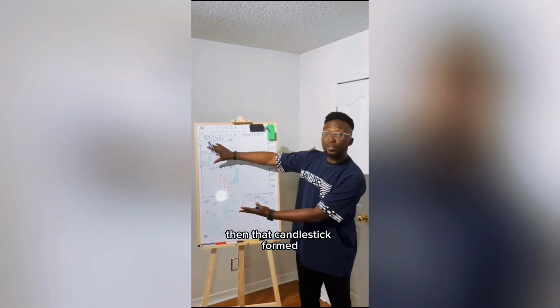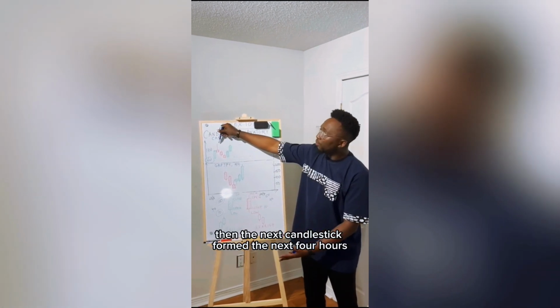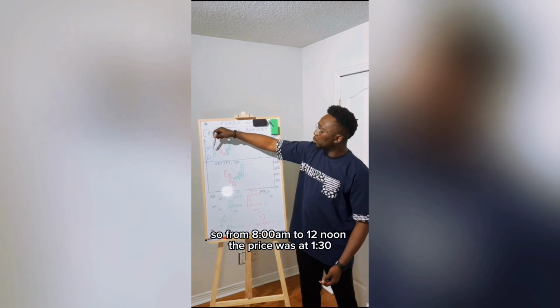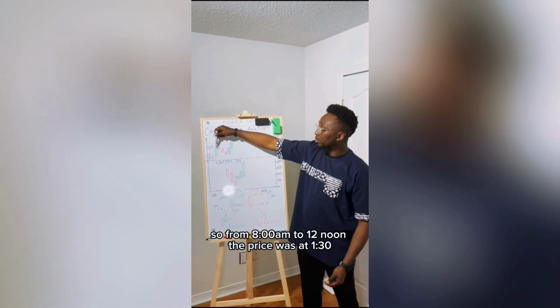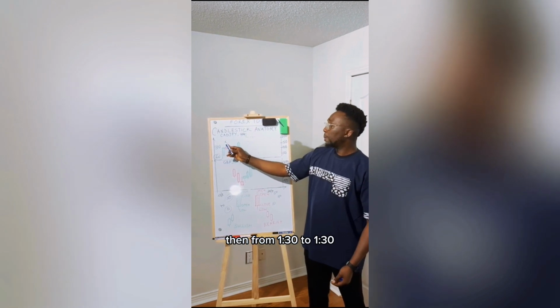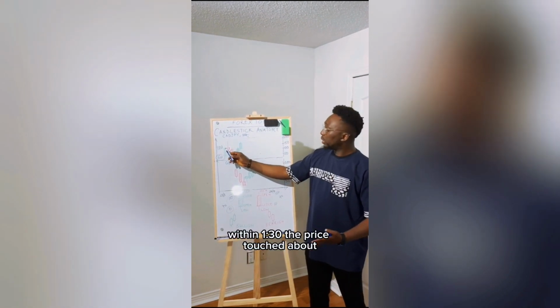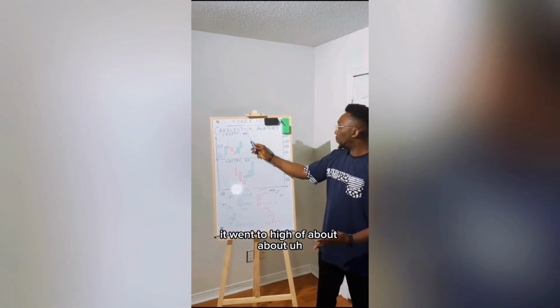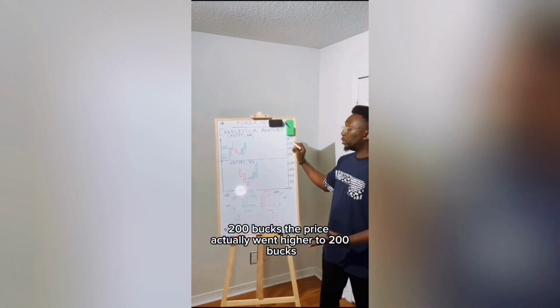Then that candlestick formed. Then the next candlestick formed in the next 4 hours. From 8 a.m. to 12 noon, the price was at 130. Then within that, the price went to a high of about 200.